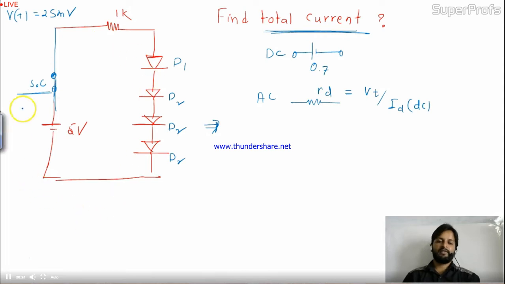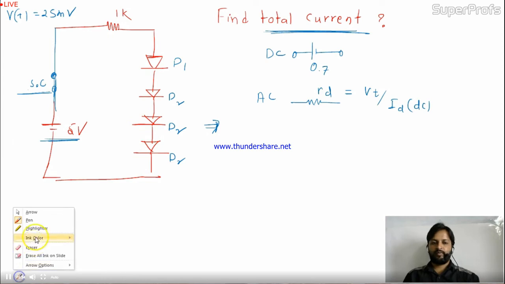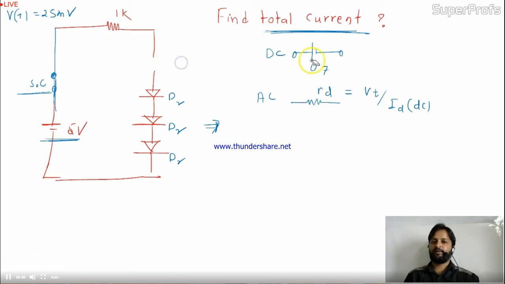Now in this entire circuit, you are having only the DC part. If you are having the DC part, you have to replace the diode circuits also, because we know for the DC part, the diode works like a simple 0.7 drop battery, like this. So you have to replace all these 4 diodes.